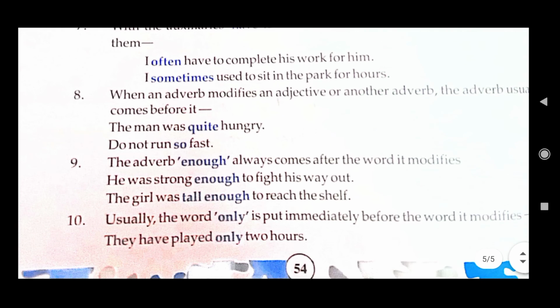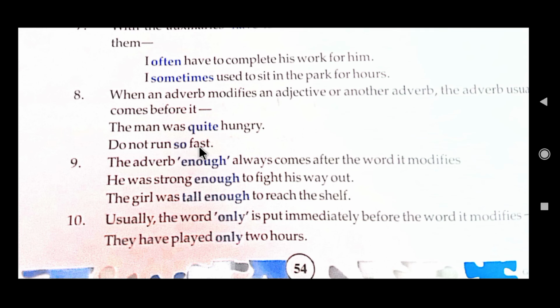Next, when an adverb modifies an adjective or another adverb, the adverb usually comes before it. Whenever we have an adjective in a sentence, we always use the adverb before that adjective, like the example: The man was quite hungry. Hungry, we know, is an adjective.